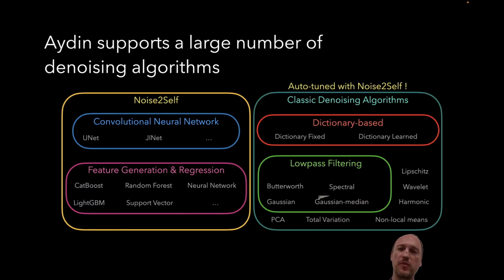So if they have any parameters, we basically used the noise to self theory to be able to find the best parameters. And what's really interesting with that is when you do that, you realize that actually some of these classical denoising algorithms are really good. It's just that we really didn't know how to tune them well. And in some cases, they actually are pretty competitive with machine learning or deep learning based noise to self implementations.